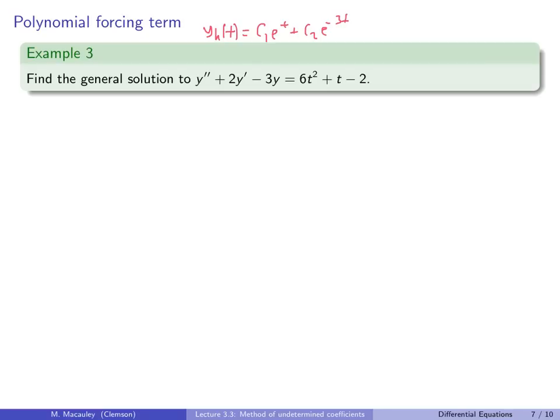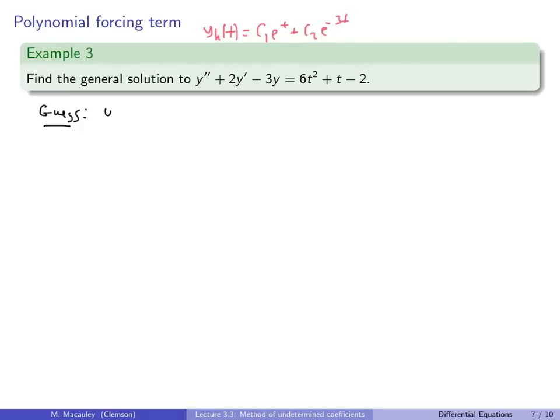And for the method of undetermined coefficients, we have to guess a particular solution, and it has to be a second degree polynomial.